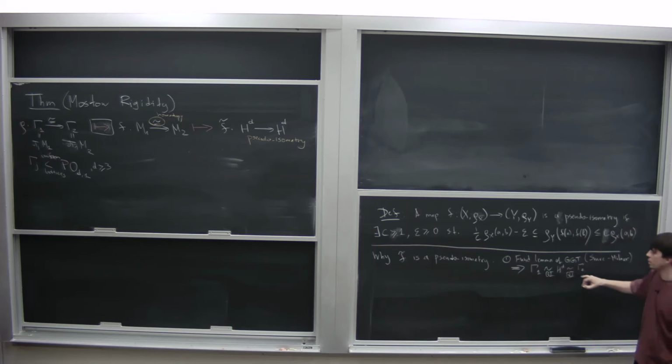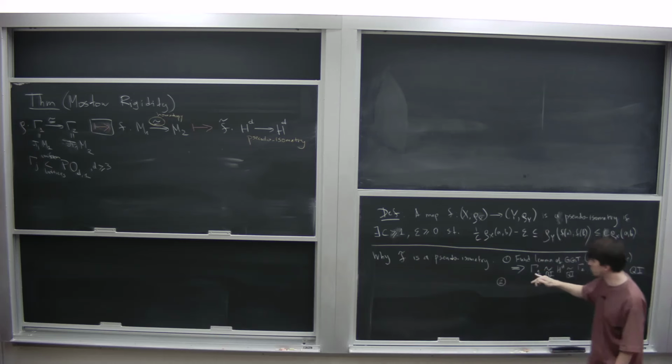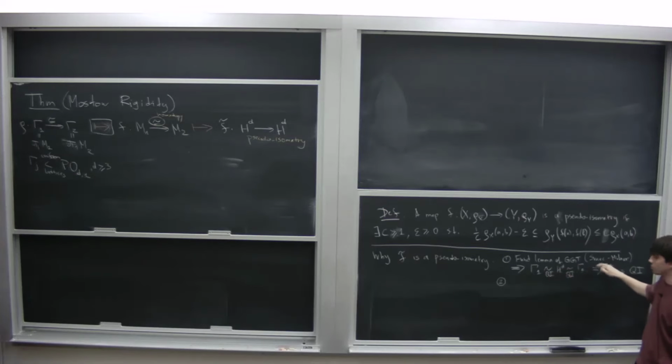In fact, I can already use this to show that f tilde is a quasi-isometry. How to show that this is a pseudo-isometry? Pseudo-isometry is a little bit stronger. You will need to think about this a little bit, but this is a good first step.